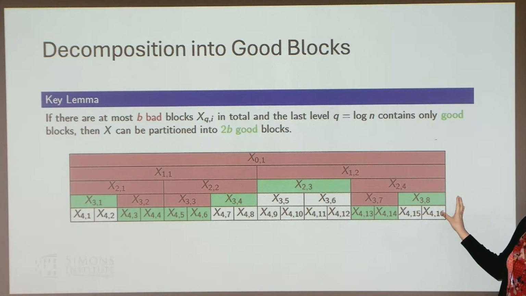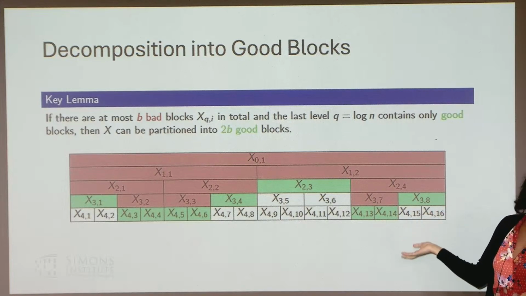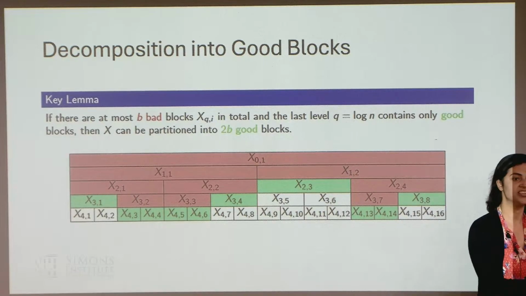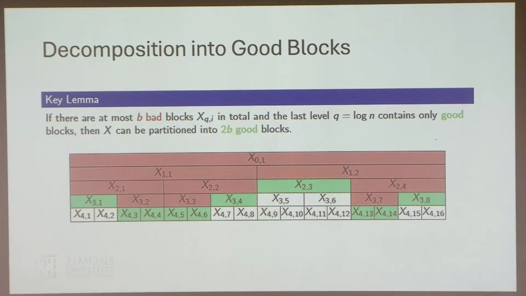So now you have a decomposition of x, and similarly the same decomposition of y, using 2k good blocks. Each of them is contributing k edits. So overall your edit distance between x and y is at most k squared. So that is a proof of why this n over k algorithm based on multiple levels of blocks works.